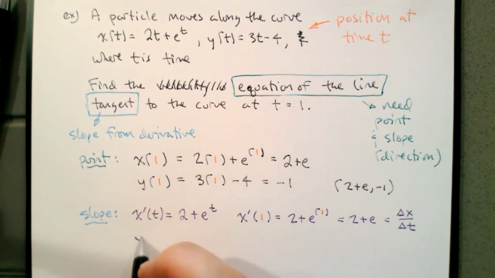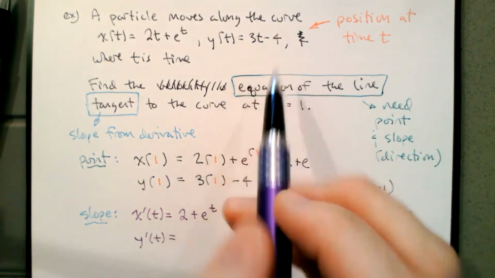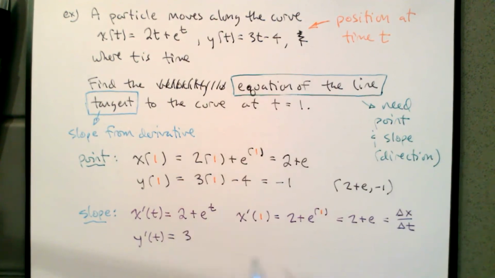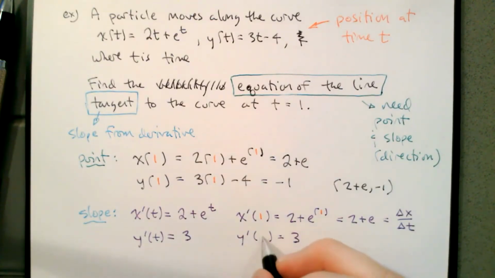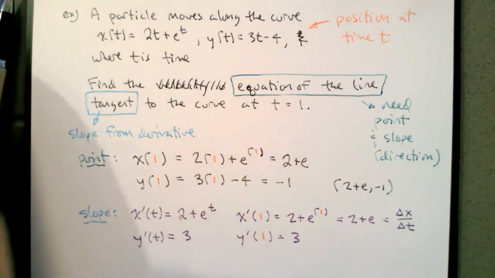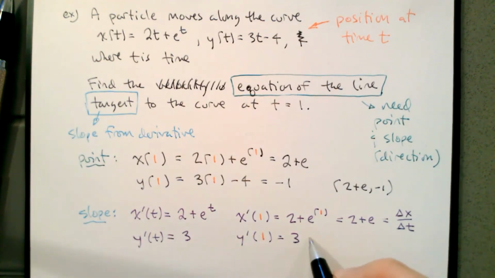Y prime of t, the derivative of 3t minus 4 is just 3. So y prime at 1 is just going to be 3, and then we're done. There's nowhere to plug in the 1, so we just get 3. Also, this is not the slope.